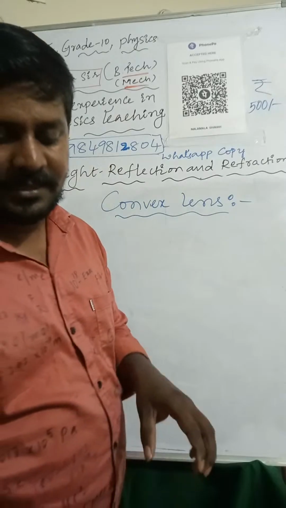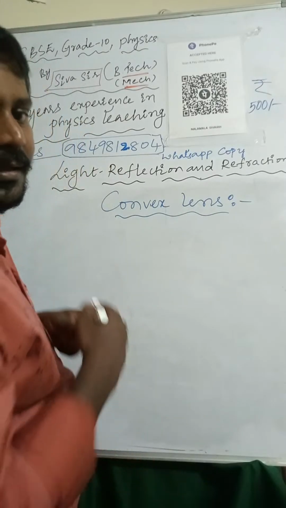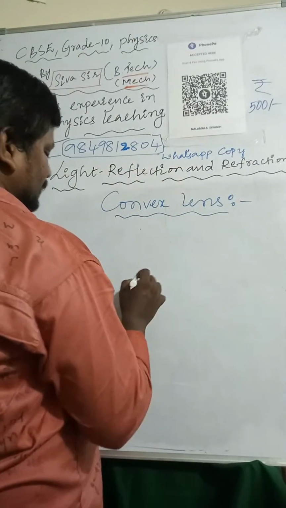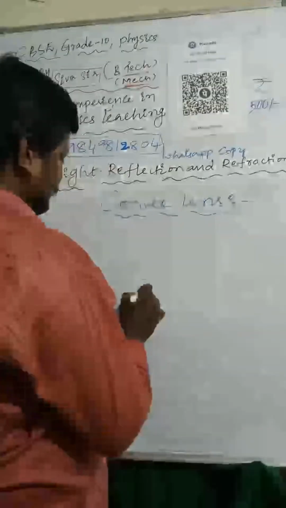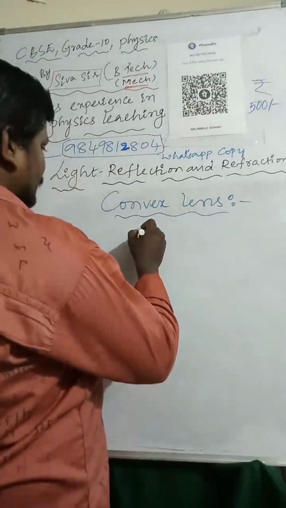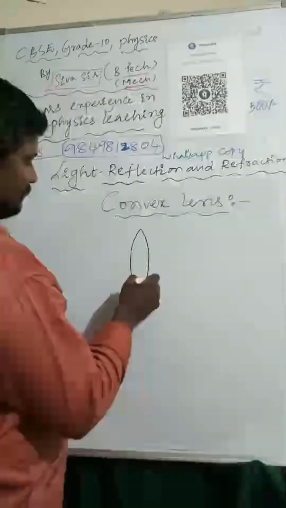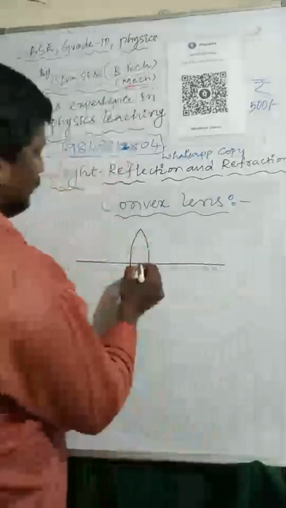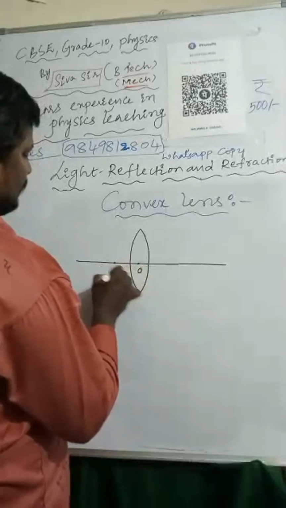Convex lens. Here, see, I'm considering one lens. You can take two dots and draw through those two dots. So the optic center is here, F1, F2.